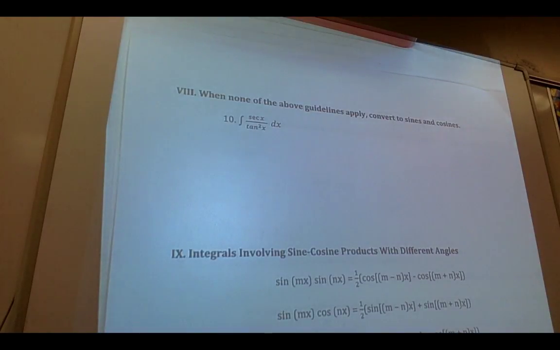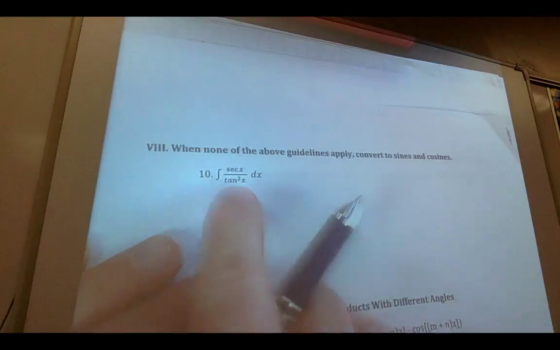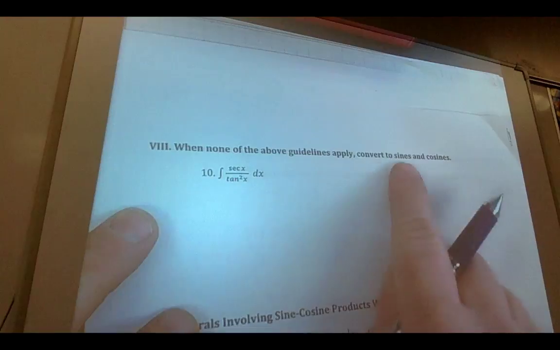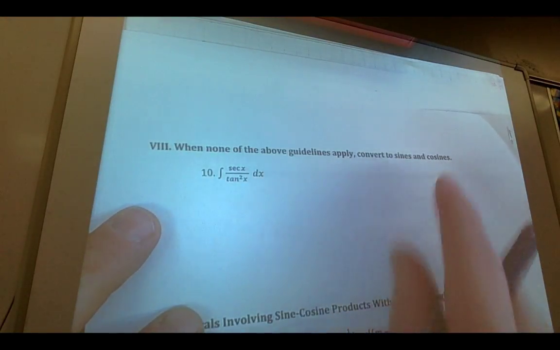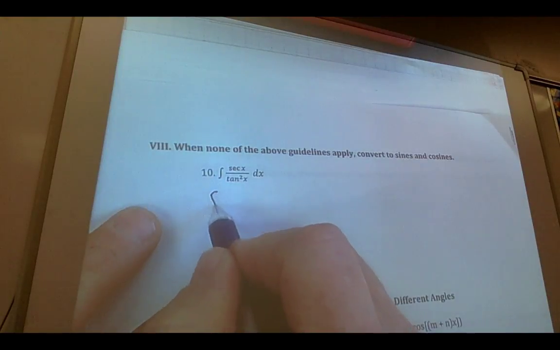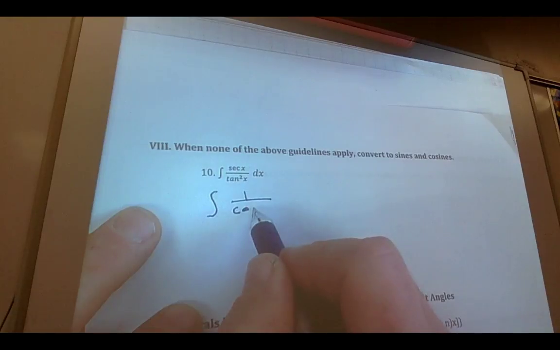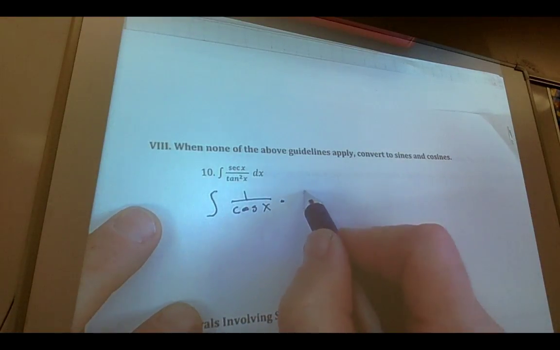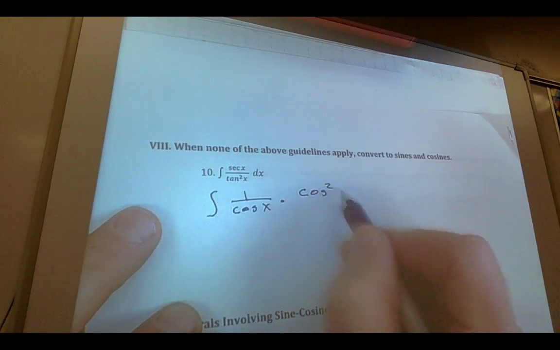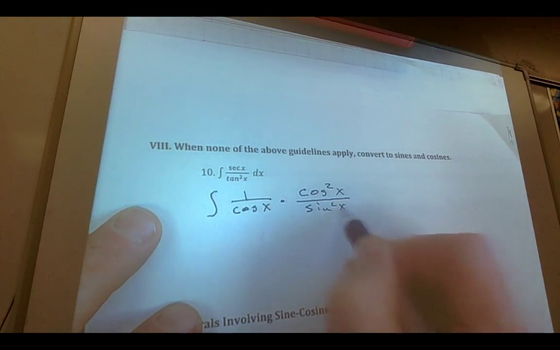Okay, so on number 10 here where it says, when none of the above guidelines apply, convert to sine and cosine. So if you take a look at this, this can be written as 1 over cosine x, and this can be written as cosine squared x over sine squared x dx.